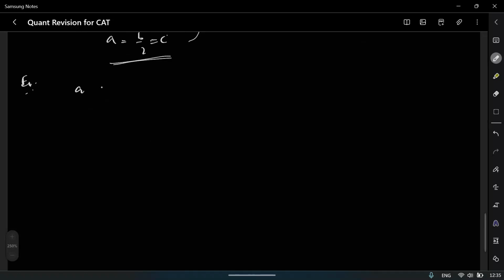Given that A B C cube equals 36, it is asked to find the minimum value of A plus 3B plus 2C. How are we going to do this? Irrespective of what they are asking here, irrespective of the coefficient, we first have to observe the powers.